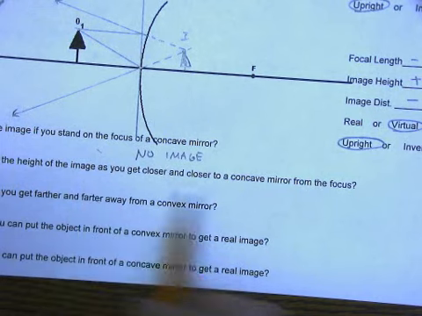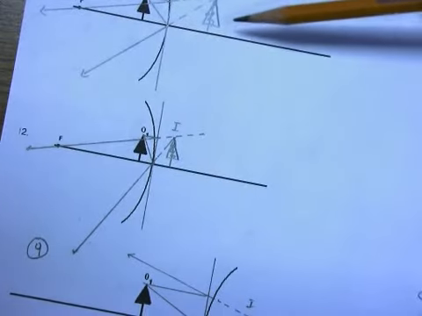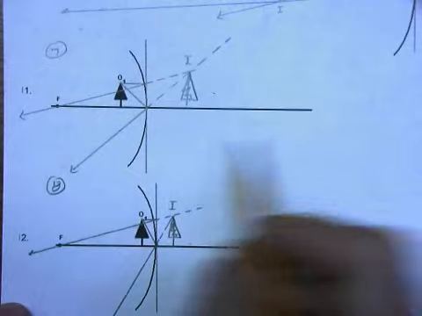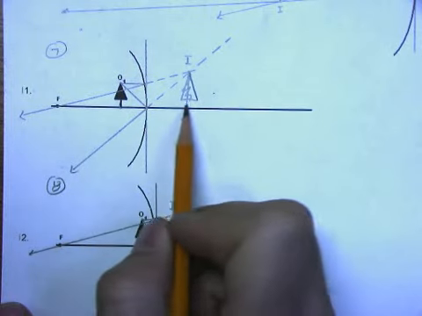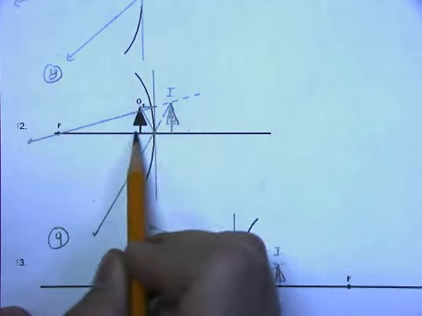15, what happens to the height of the image as you get closer and closer to a concave mirror from the focus? So that's actually referring to number 7 and number 8 here. Number 7, you get an upright large image, and then you could be right on top and you're going to get the same size.